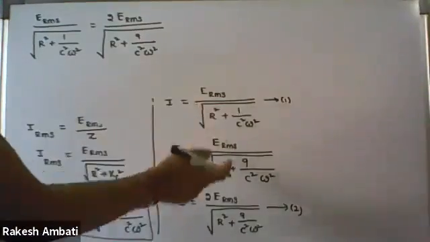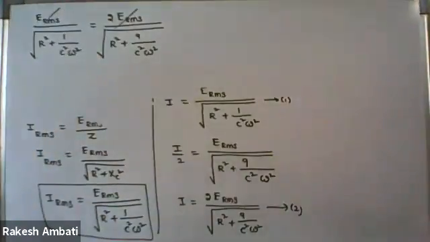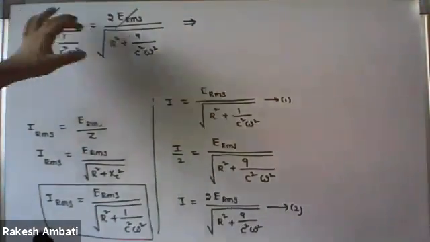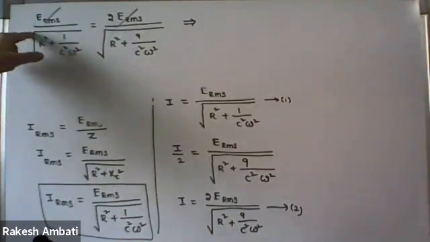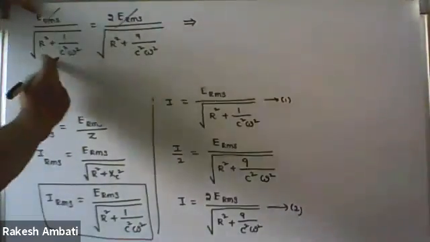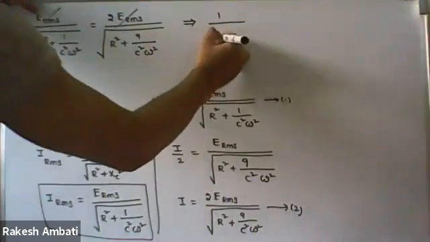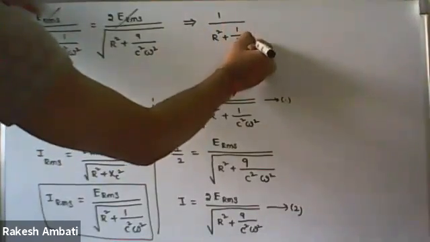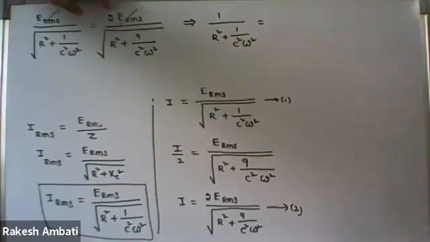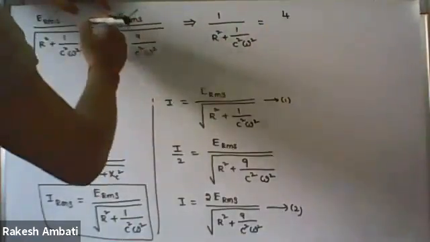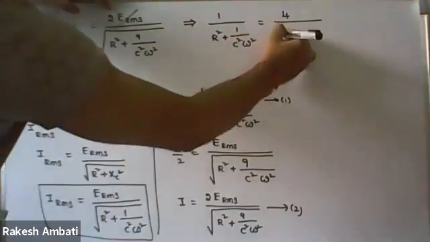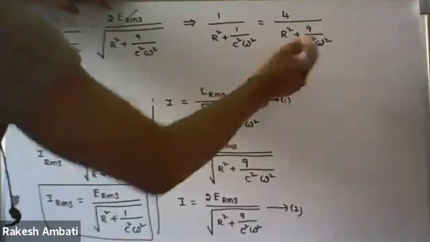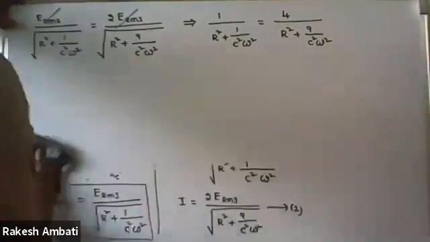ERMS cancels out. To eliminate the square root, I am squaring on both sides. It is 1 upon R square plus 1 by C square omega square, and on the other side the numerator becomes 4 upon R square plus 9 upon C square omega square. Now do cross multiplication.